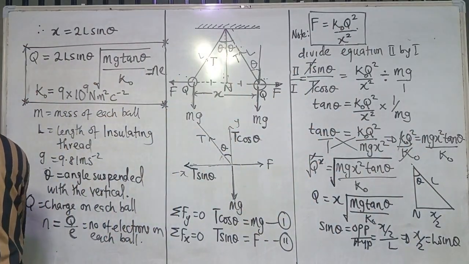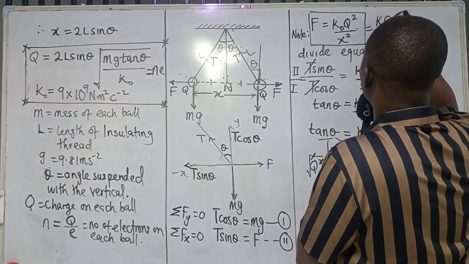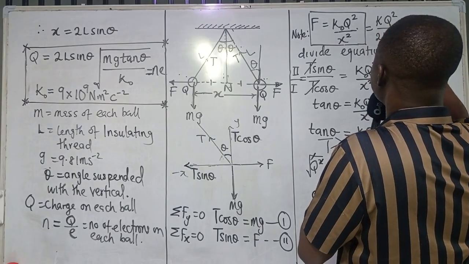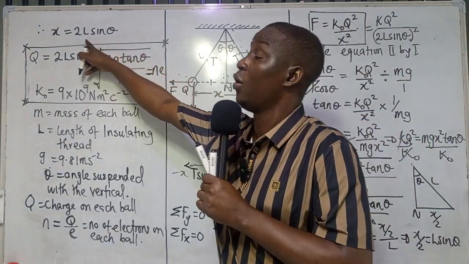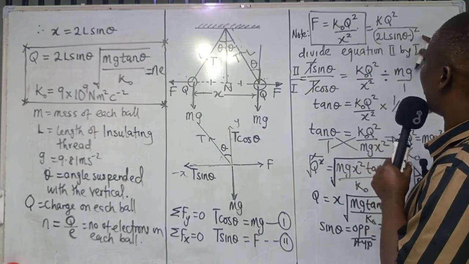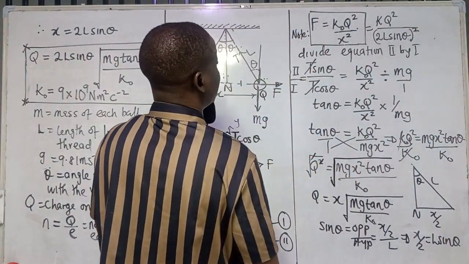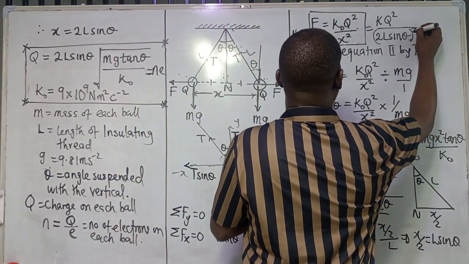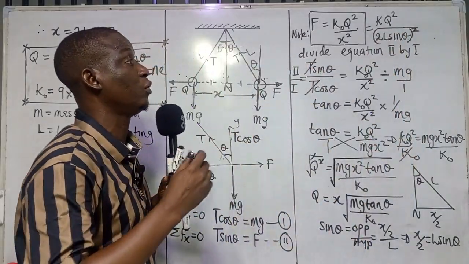So the force on each will be kQ squared divided by (2L sine theta) all squared, because your x is now this value. You replace it with x, and it is all squared. That means after you have solved for the charge on each ball, you can put it there and get your force.